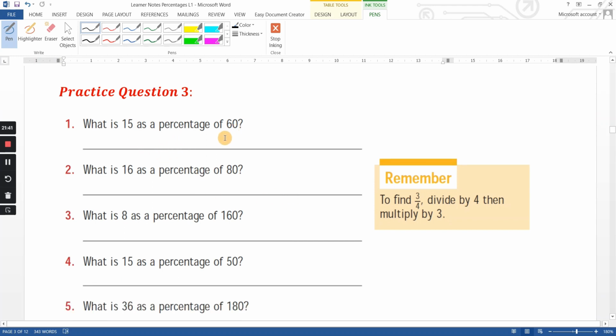So, first one, 15 as a percentage of 60. That's my fraction. You want it as a percentage. Let's times that by 100. Simplify that. I'm going to divide that by 15, divide that by 15. You get 25%. Next one, 16 as a percentage of 80.